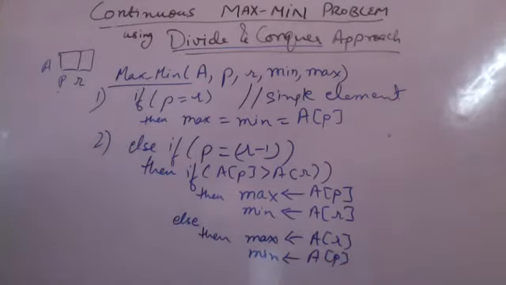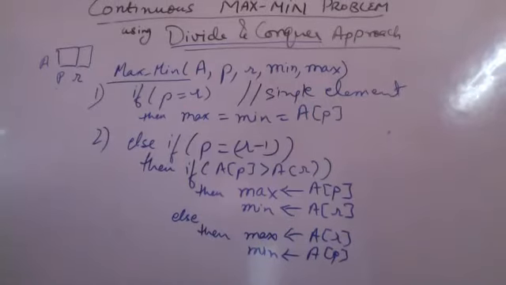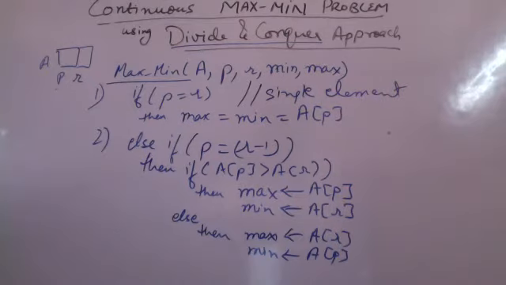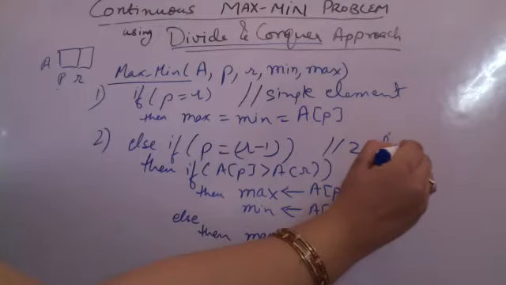If the list is greater than two elements, then I need to divide the list and then conquer. Am I making myself clear here? Either a single element or two elements.